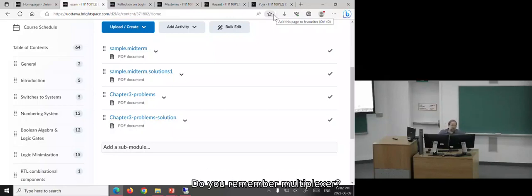Do you remember? Multiplexer. So whenever there is a problem asking you to design a circuit, you start from the truth table.